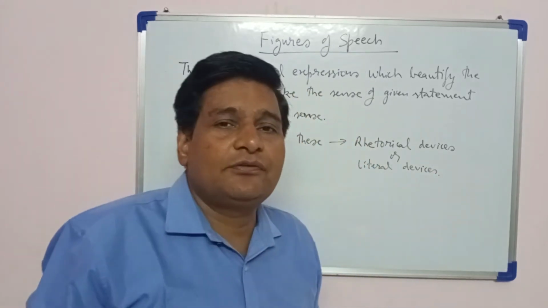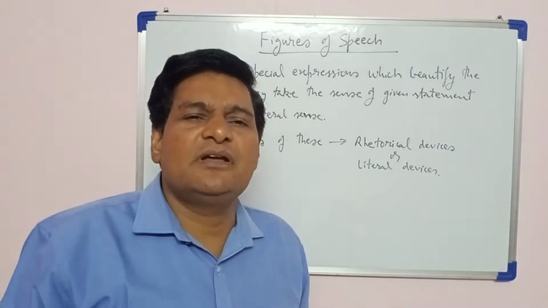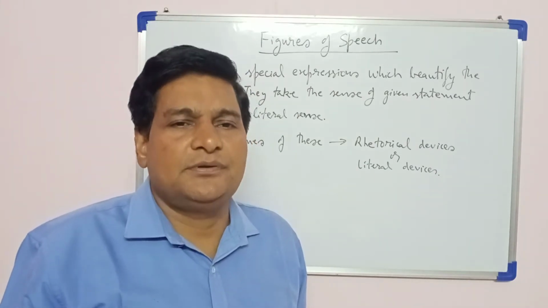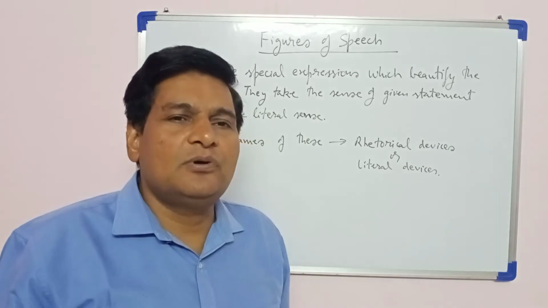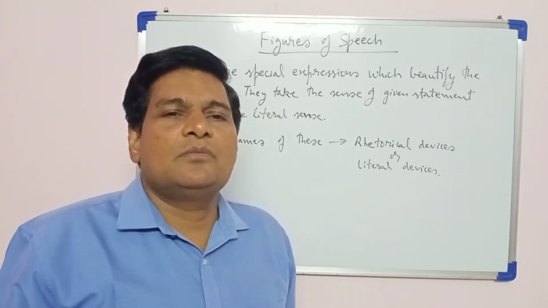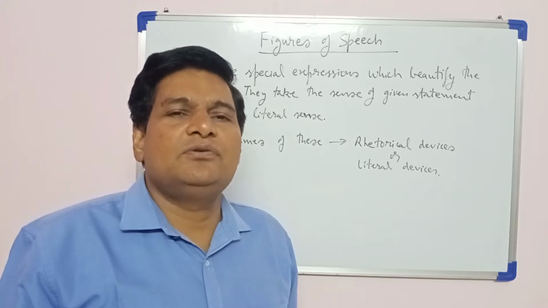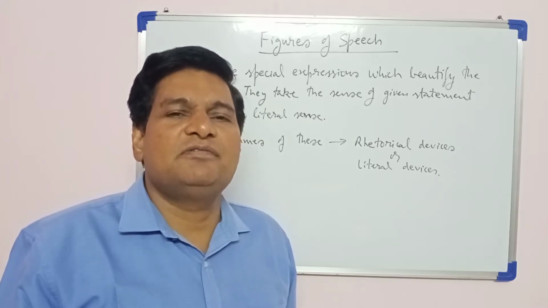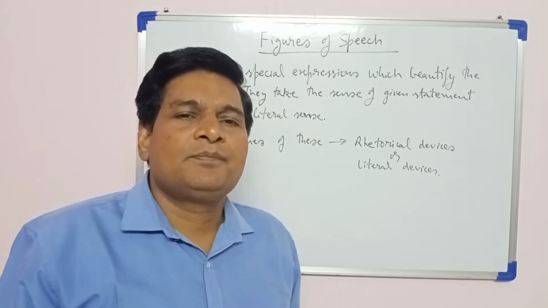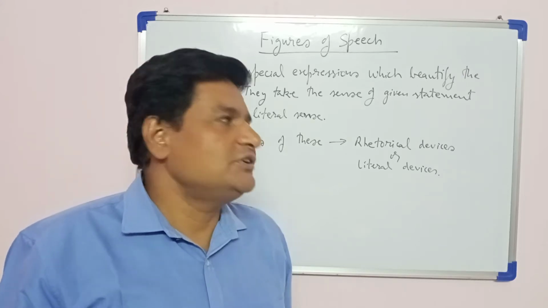If somebody asks you what is the literal device in the given sentence, it simply means he is asking you what is the figure of speech. Okay, as I have told you, these are like the ornaments of the language. As some ornament or jewelry is used to decorate the body, to beautify the body, in the same way figures of speech help us in beautifying the language.